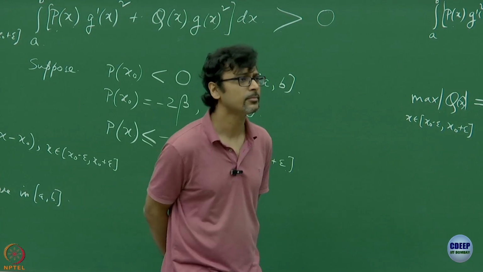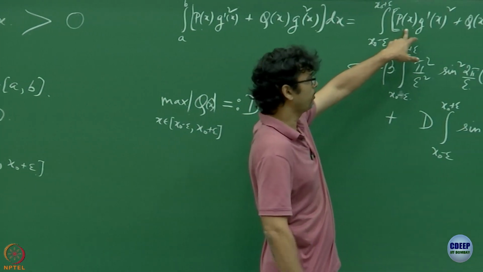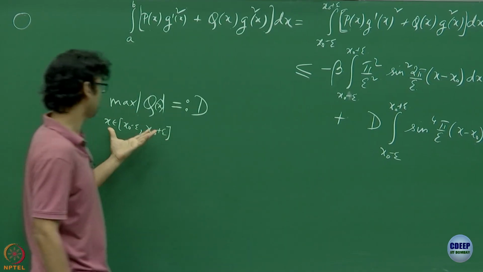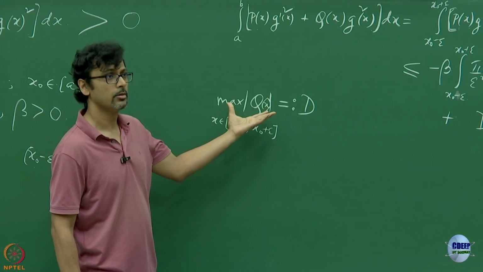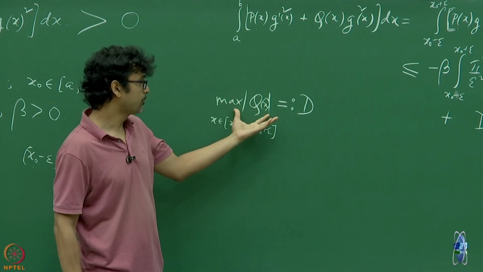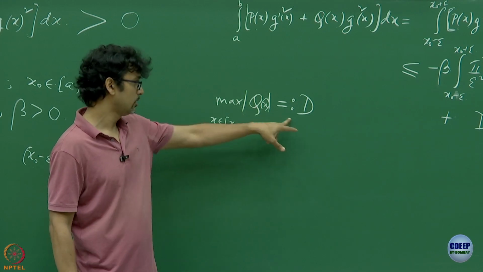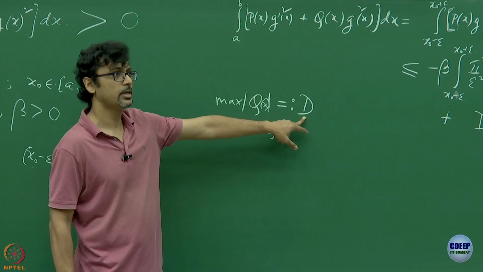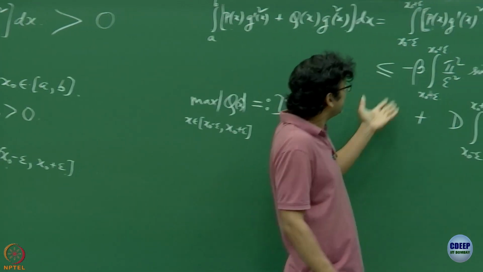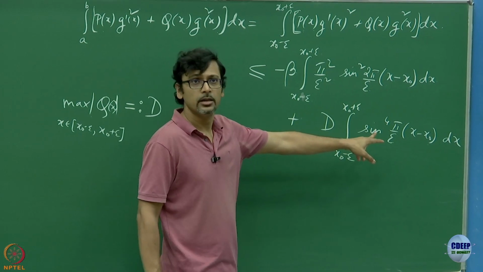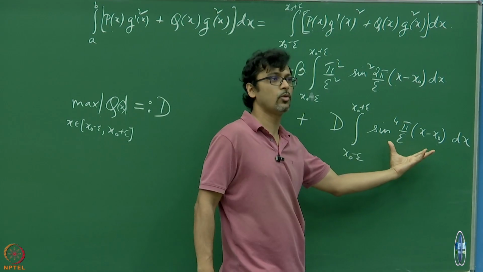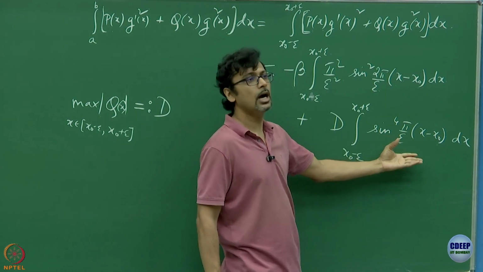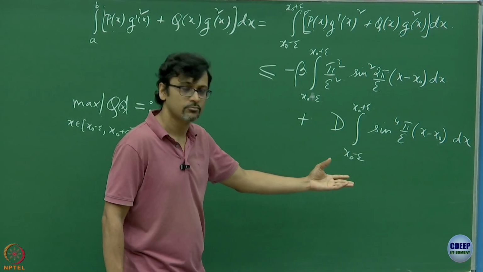Is that clear? The first term, we're pulling out the p here. Second term, the d comes and substitutes this q, because the absolute value of q over the interval, the maximum of that is defined to be d. So of course anything you do instead of d here is going to do worse, because this fellow is after all a quadratic thing. So this is indeed the upper bound, right?